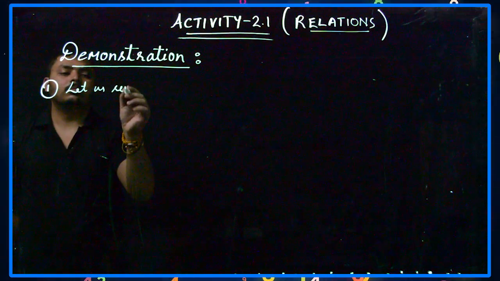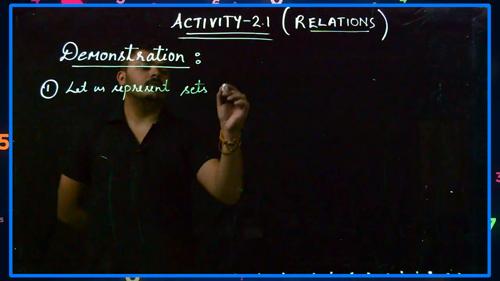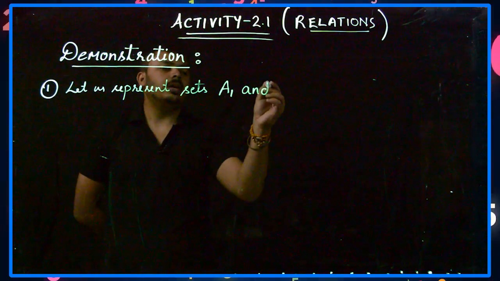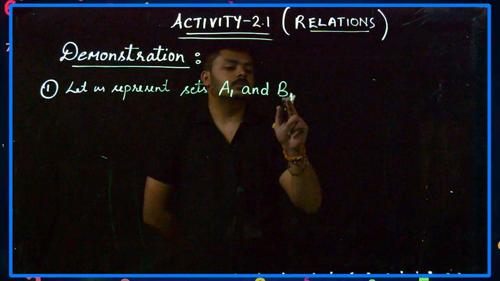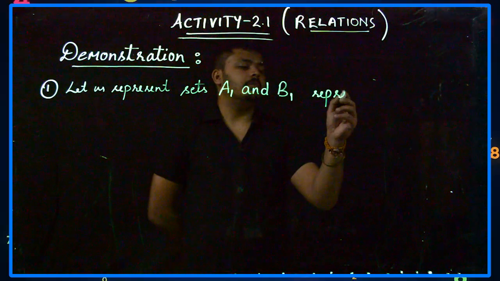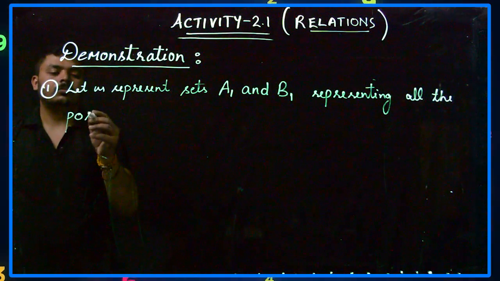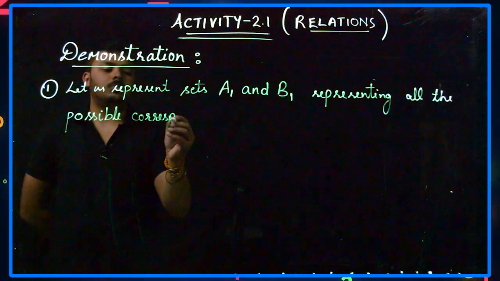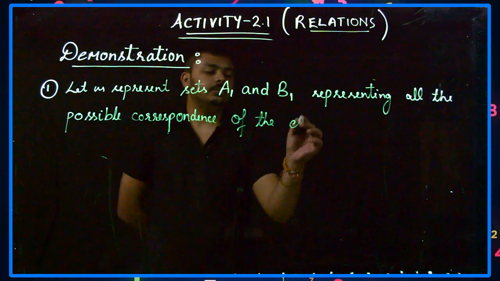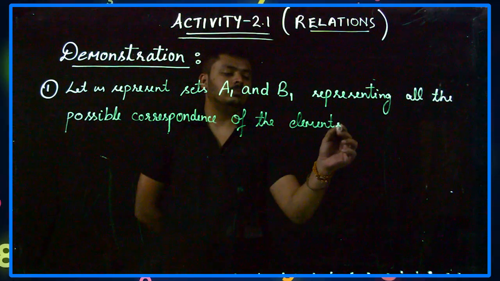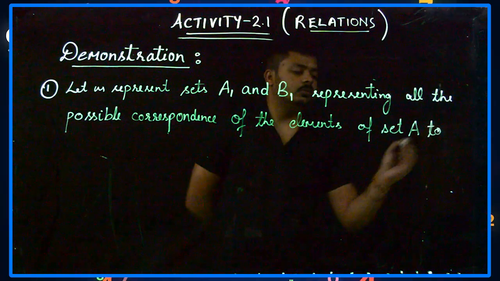Let us represent sets A1 and B1 containing one element each, representing all the possible correspondence of the elements of set A to the elements of set B.